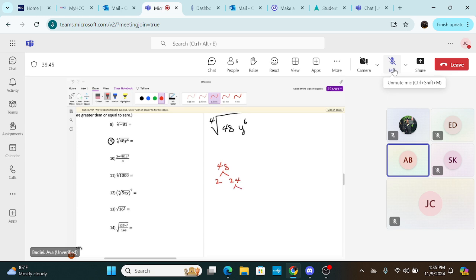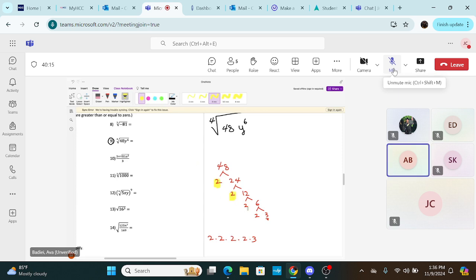So 24 is going to be 2 times 12. 12 is going to be 2 times 6. 6 will be 2 times 3. At this point, this 3 is already a prime number itself, so I'm going to stop. I say the 48 is going to be 2 times 2 times 2 times 2 times 3.